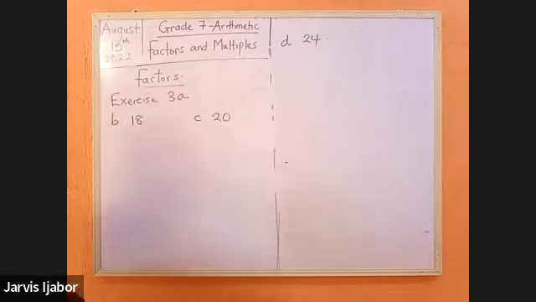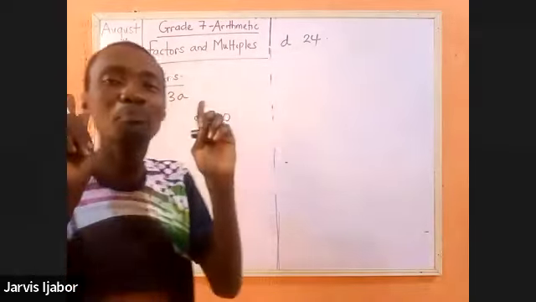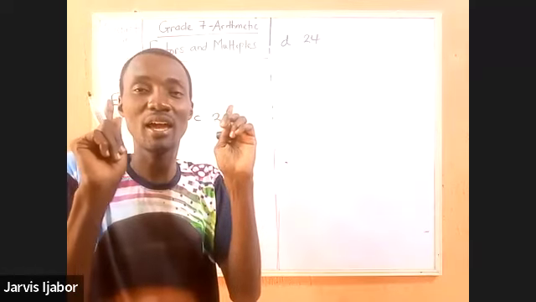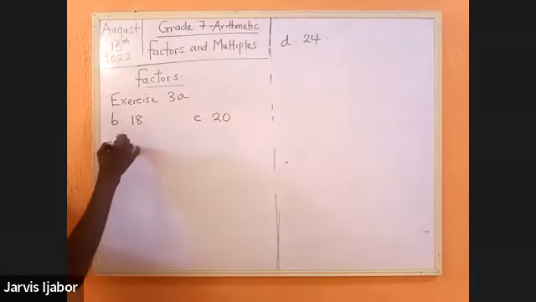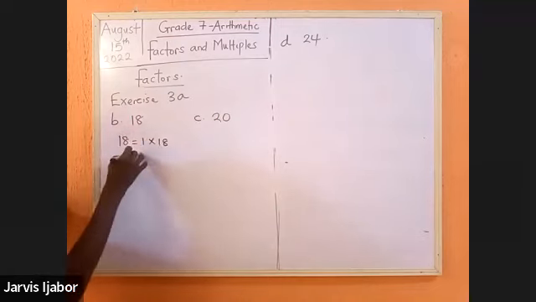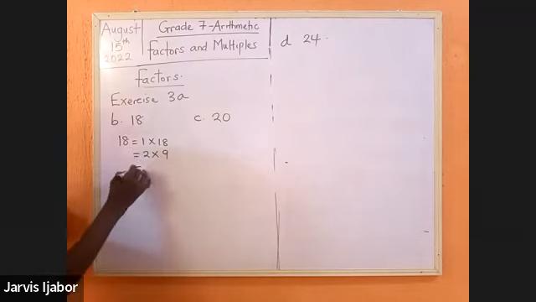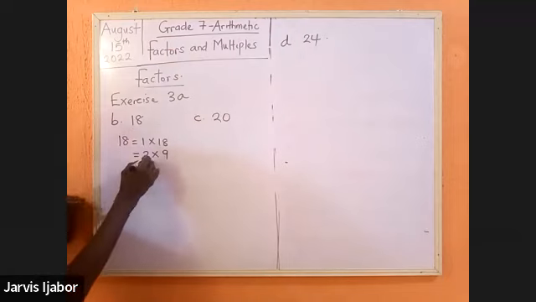All right, so we're going to solve these 3 questions now, but I'm going to use only one method to solve each one. So this one, I'll use my method 1, which will be 18. 1 times 18, 2 times 9. Remember, after 2, what's the next number? 3.